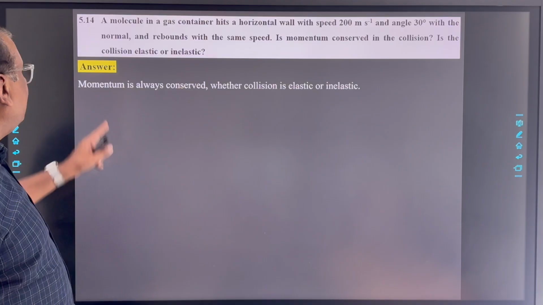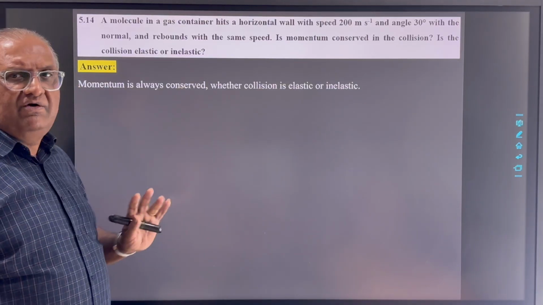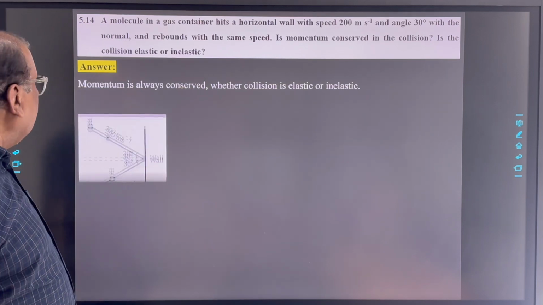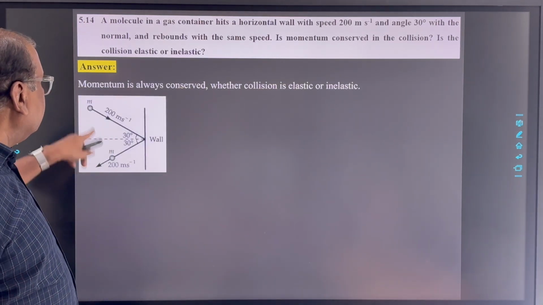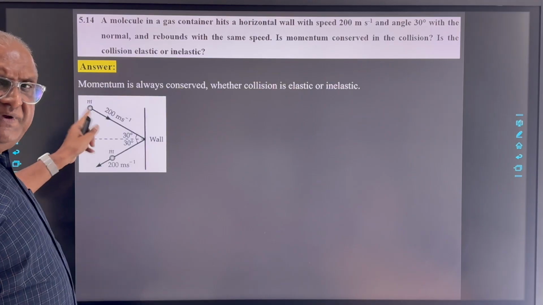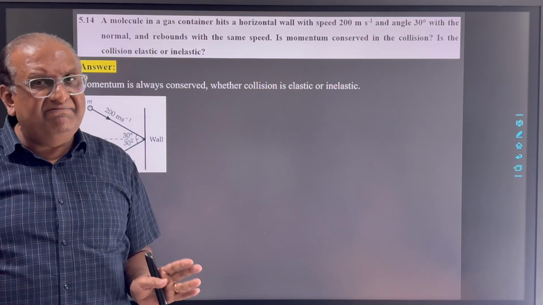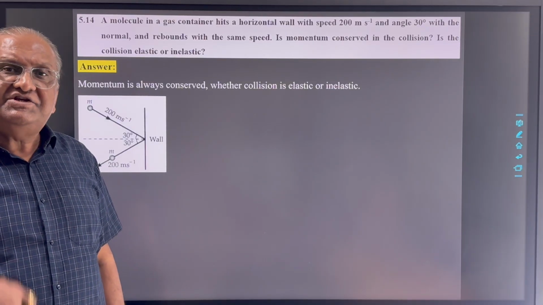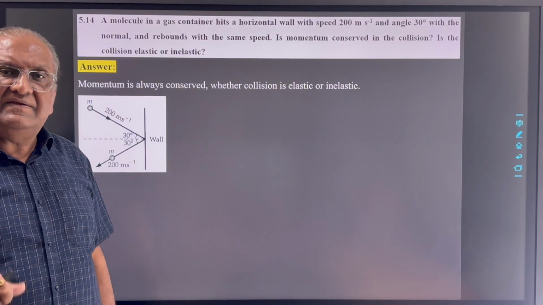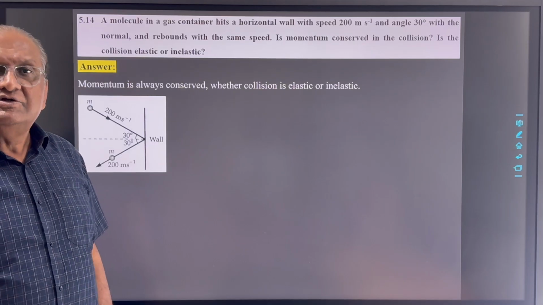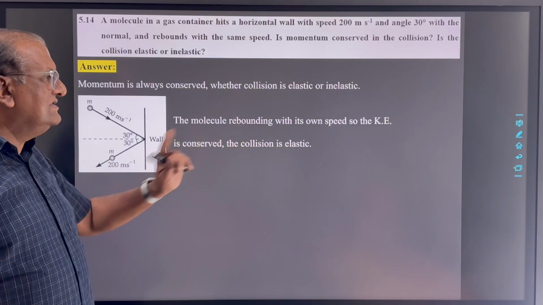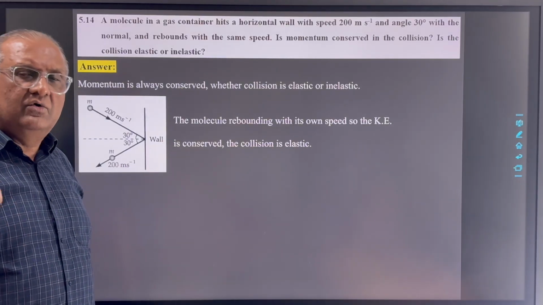So we can write momentum is always conserved whether the collision is elastic or inelastic. Now say during the collision, initial speed and final speed are both the same. Speeds are not changing. Therefore, initial and final kinetic energies are also the same. So we can say when kinetic energy is also conserved, the collision is an elastic collision.